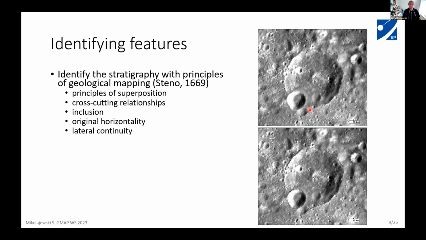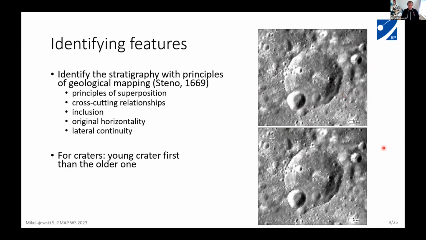The last principle is lateral continuity. For example, in this image, the layers on this side should also be the same as the layers on this side. And when it comes down to craters, you mark the young crater first, then the older one.